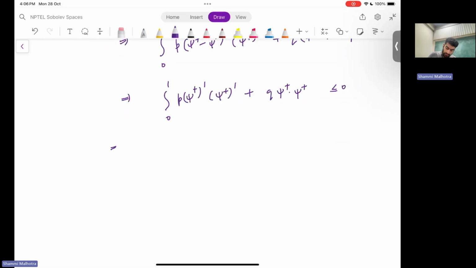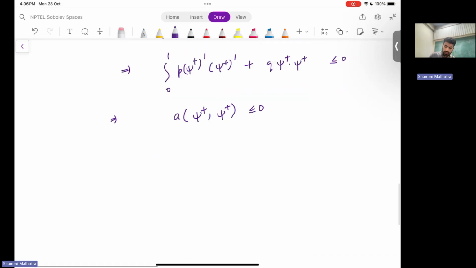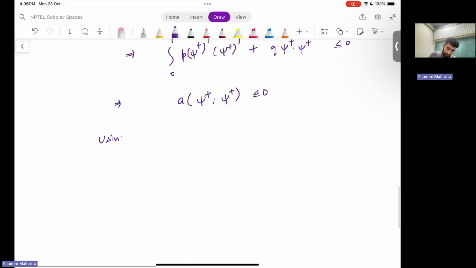So what this basically implies is that a of psi plus and psi plus is less than or equal to 0. And here we can now use coercivity of a.